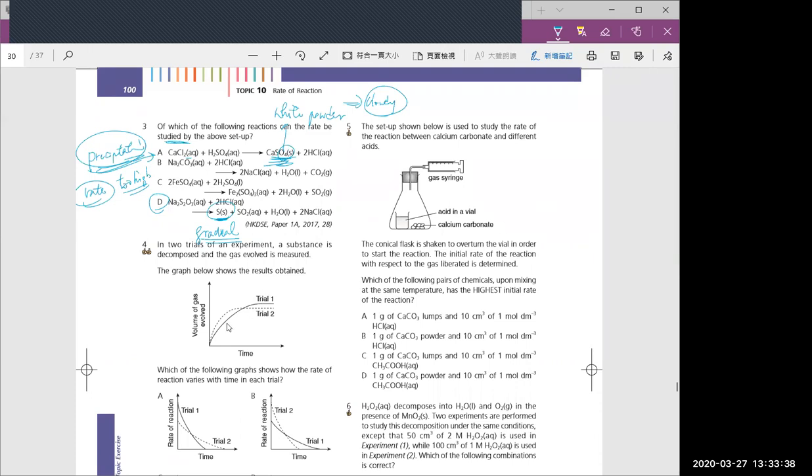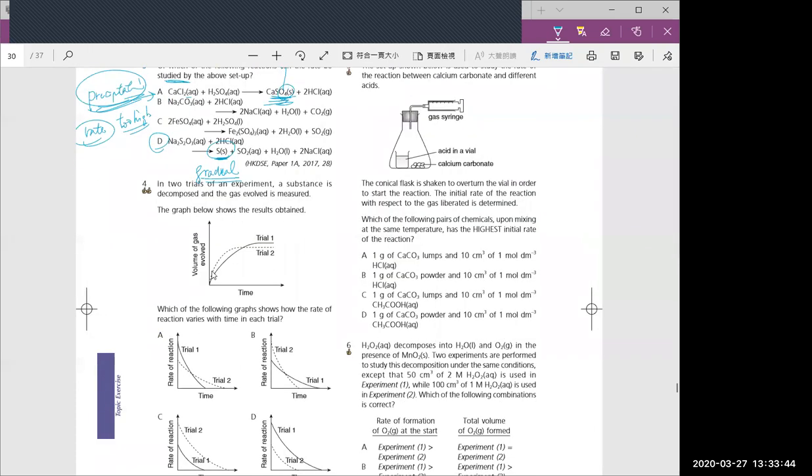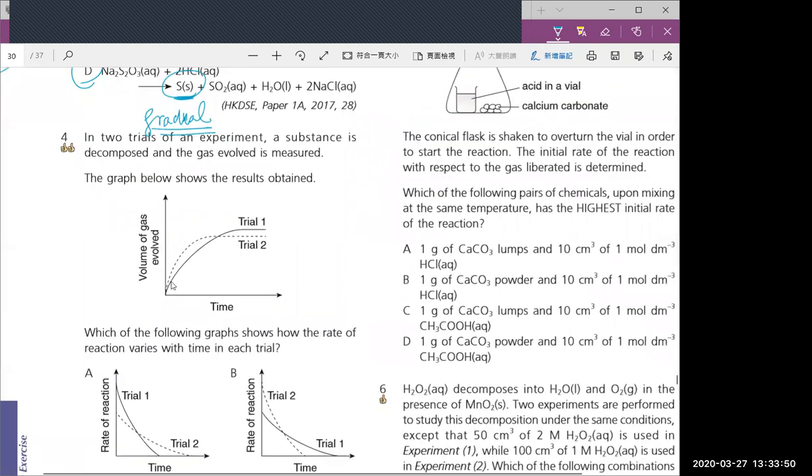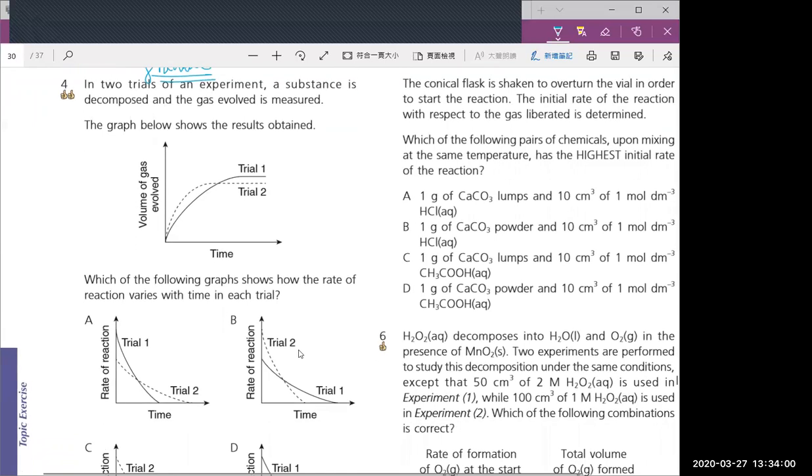Okay, so this is about question 3. About question 4, take a look. A very strange curve, right? So you may have got 2 scenarios, trial 1 and trial 2. In the 2 trials in the experiment, a substance is decomposed and the gas dissolved is measured, which the following shows how the rate of reaction varies with time in each trial.